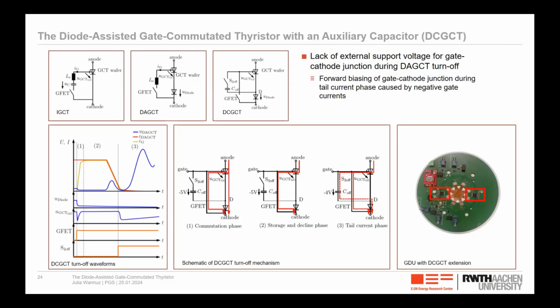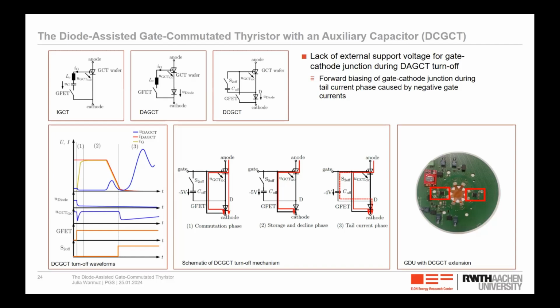So the solution is to use an auxiliary capacitor. This adaptation I called DC-GCT, and the only function of this auxiliary capacitor is to stabilize this voltage. When you look at the turn-off process, the first two phases, the commutation and the storage and decline phase, work exactly the same as in a DIGCT.